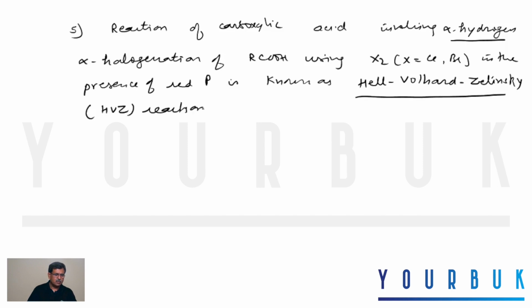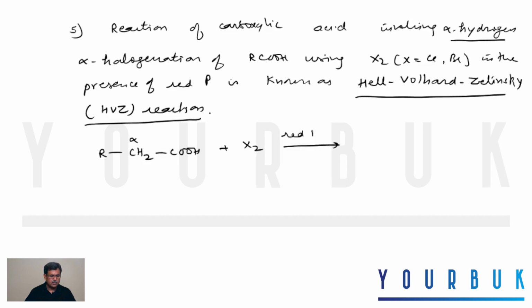But the reaction is given only by carboxylic acids containing alpha hydrogen. For example, this, you have two alpha hydrogens in this case. So on reaction with X2, in the presence of red phosphorus and water, it gives RCHX and COOH, where X can be chlorine and bromine.